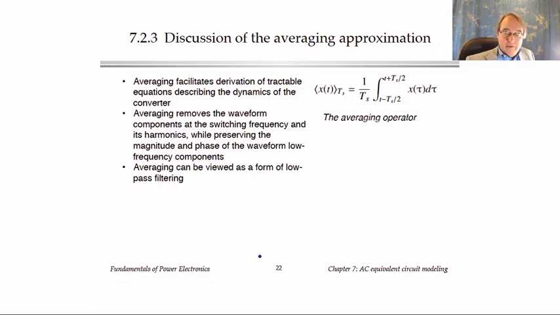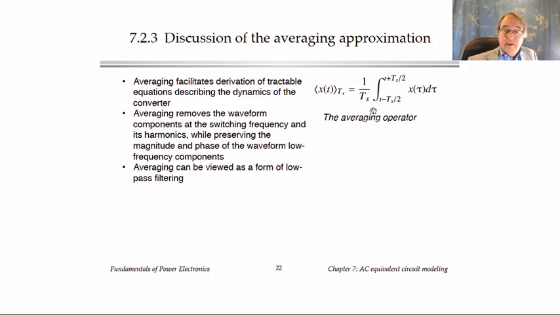A little more about this business of averaging. We can view averaging, or this way that it's been defined here, as an operator. And this is an operator that removes the ripple but preserves the underlying low frequency components of the waveform. And it's an important thing to do because it makes our equations tractable and simple, so that we get a simple set of AC equations for the converters.